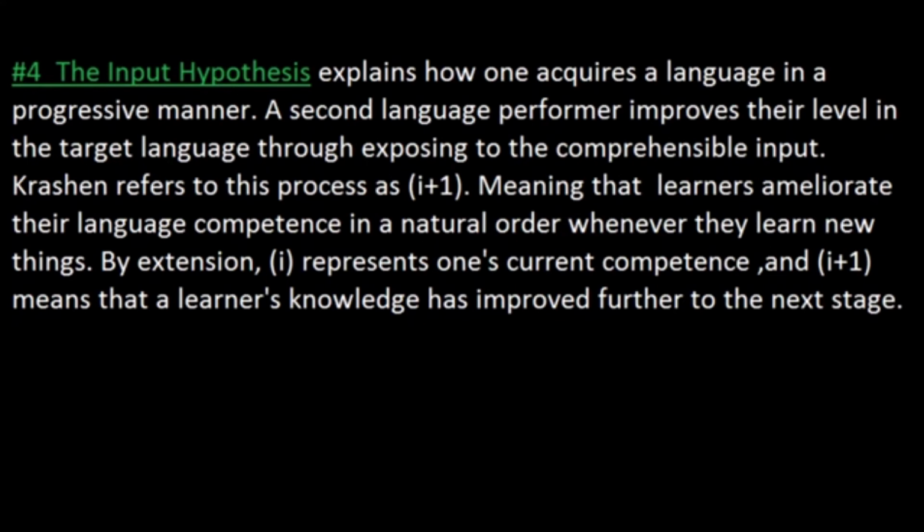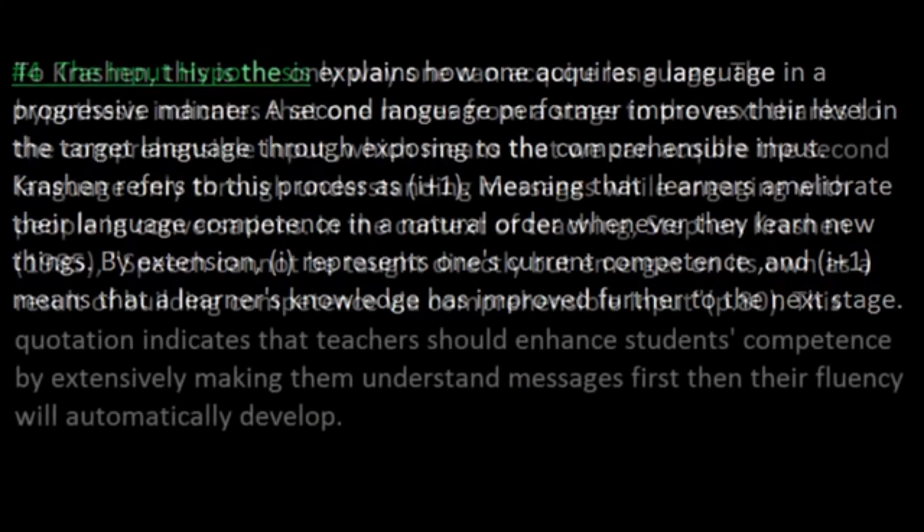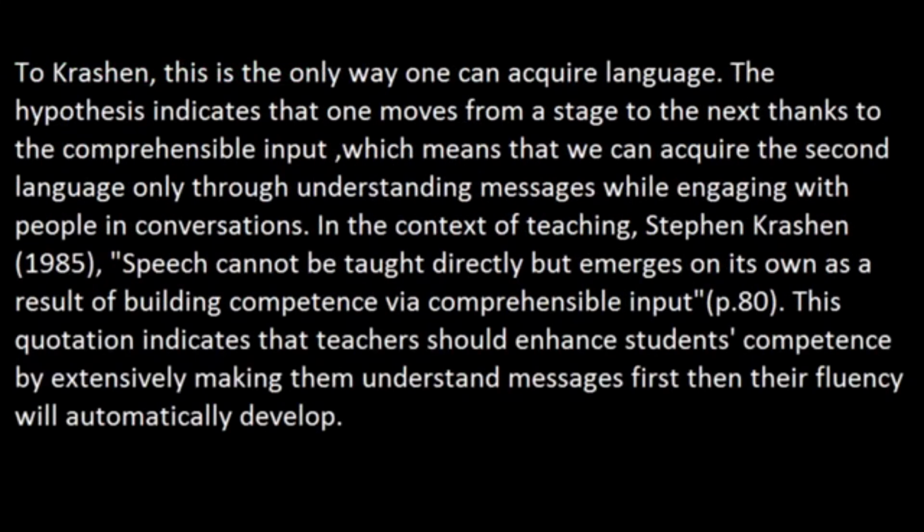By extension, i represents one's current competence, and i+1 means that a learner's knowledge has improved further to the next stage. To Krashen, this is the only way one can acquire a language.